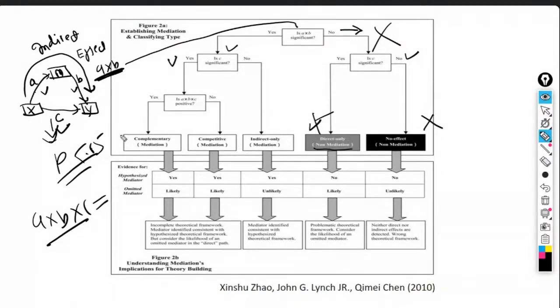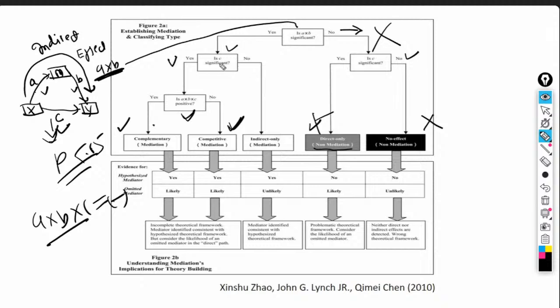If it is positive, then it is complementary mediation. But if A into B into C is negative, then it is competitive mediation. Both are partial mediation, but the sign will tell us whether it is complementary or competitive mediation. Which mediation is it, okay?